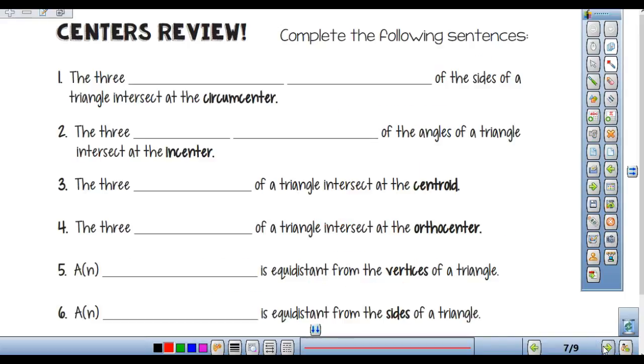Okay, so let's talk about all of our different centers. The circumcenter was created by the perpendicular bisectors. What created my in-center?